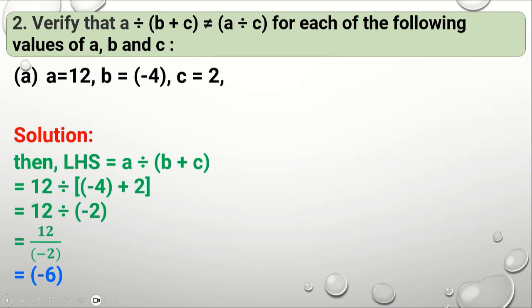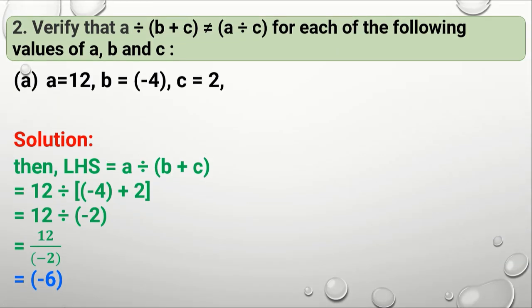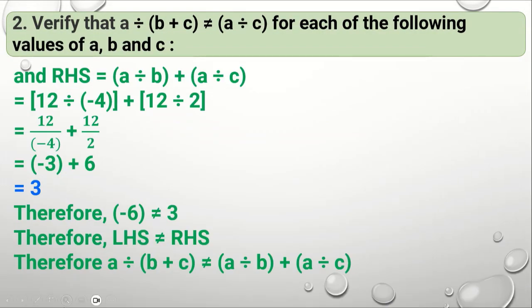Here, first we will do LHS, that is left hand side, that is a divided by (b plus c). So 12 divided by (minus 4 plus 2). So minus 4 plus 2 will become minus 2. So 12 divided by minus 2, that is minus 6. Now we will do RHS, that is a divided by b plus a divided by c.